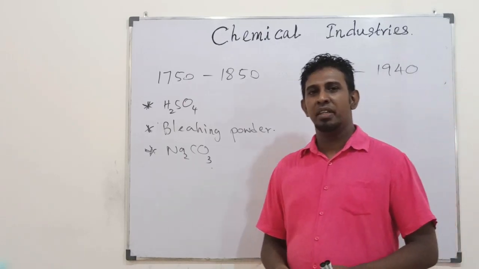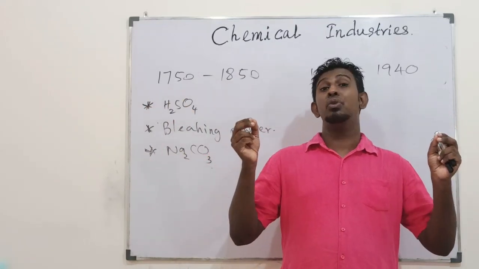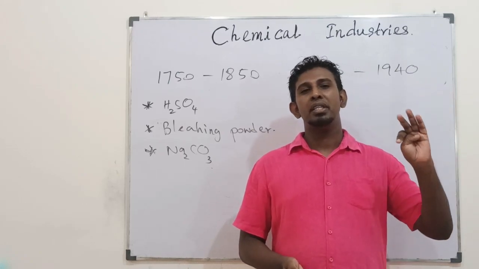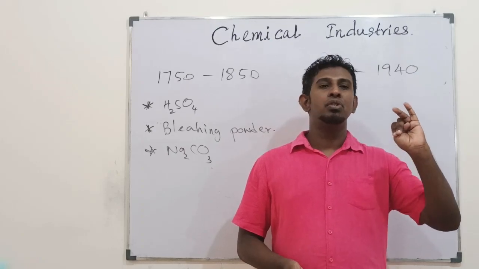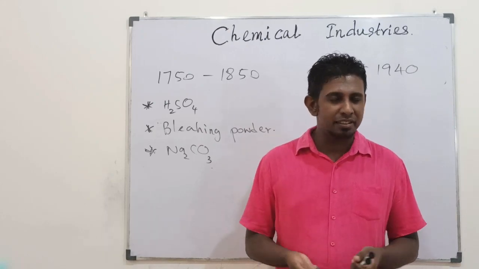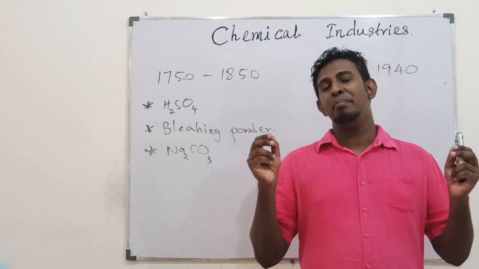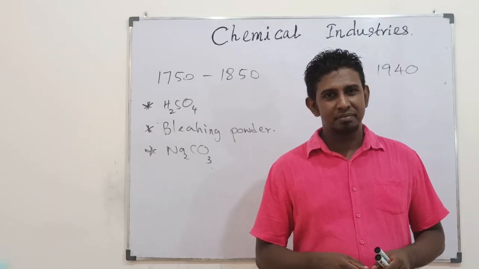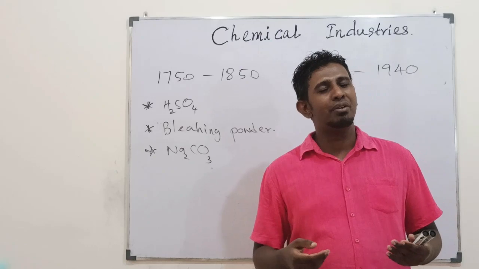So students, under this unit, we are going to talk about the manufacturing of ammonia, sulfuric acid, nitric acid, sodium carbonate, sodium bicarbonate as well, and sodium hydroxide. It's extraction of iron, extraction of magnesium, manufacturing of titanium dioxide. Then the polymer industry we are going to talk about.